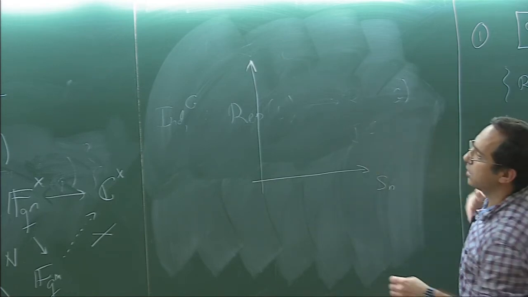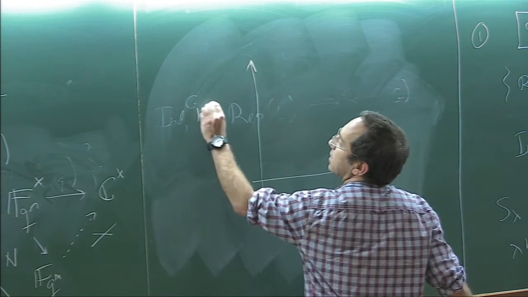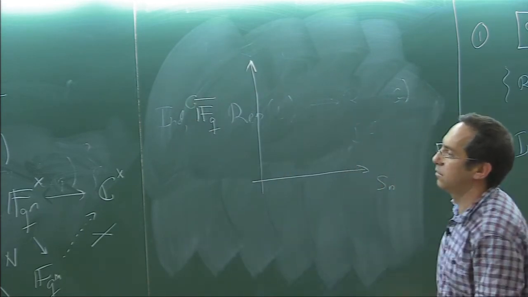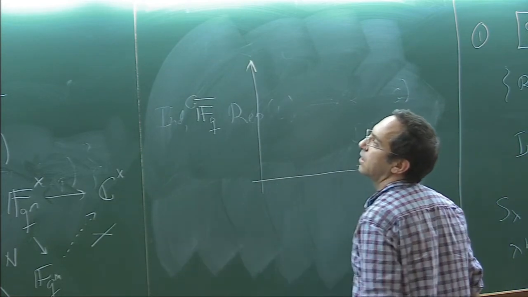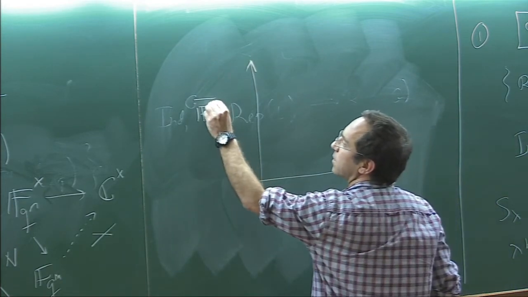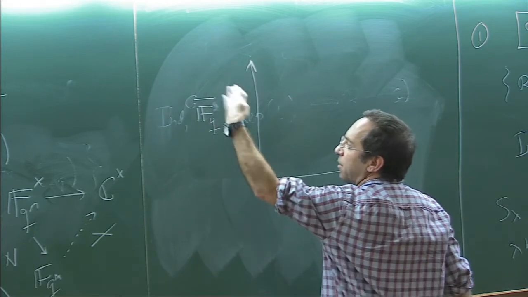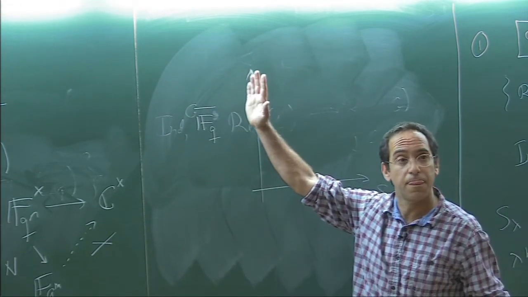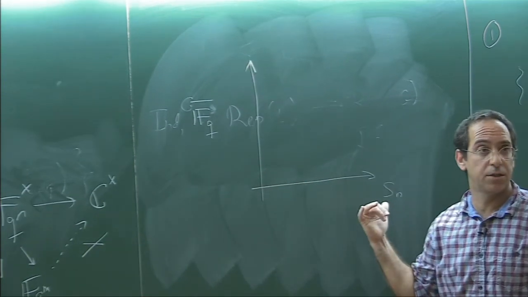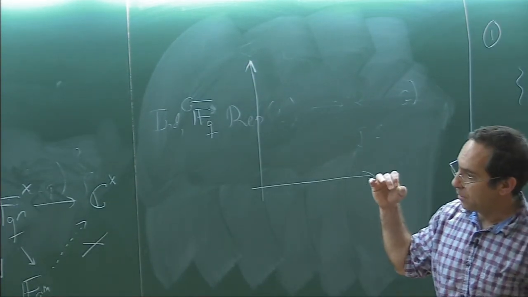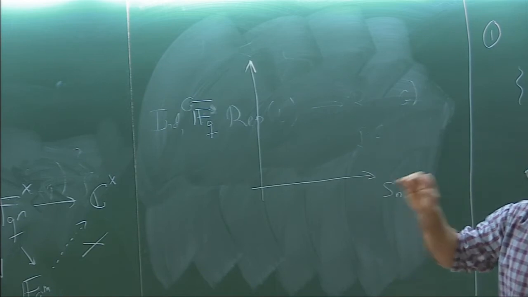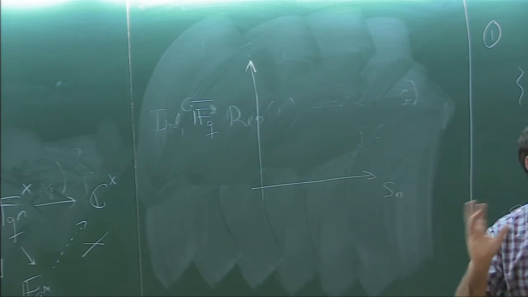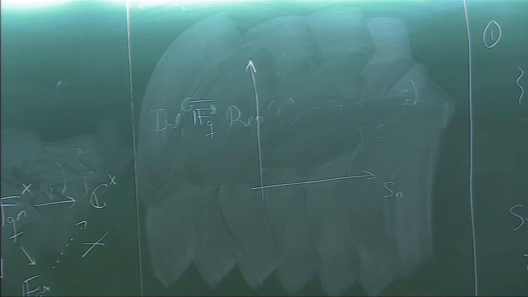That's one direction, and the other direction is controlled by the algebraic closure of F_q and somehow these characters. So I should take star here and characters, but let me not do this. But so there's an arithmetic direction, and there's a geometric direction. And the theory really breaks into two in any possible meaning that you can think.